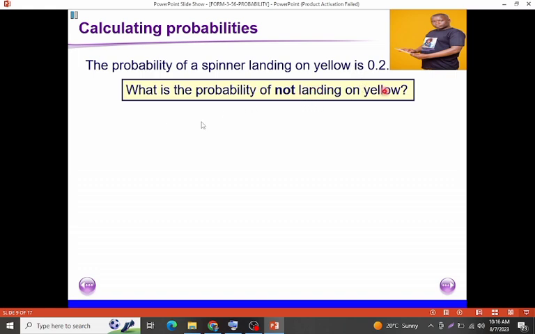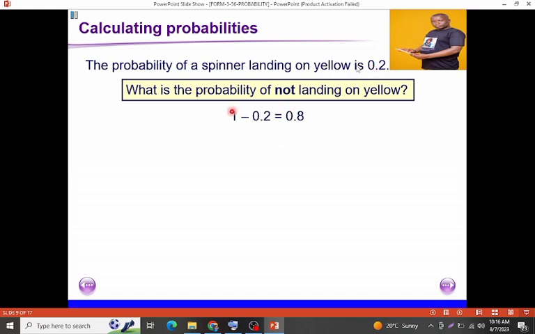Remember, the total probability of an event is equal to 1. If you add all the probabilities of events, it's 1. So given that the probability that it is yellow is 0.2, what will be the probability that it is not yellow?